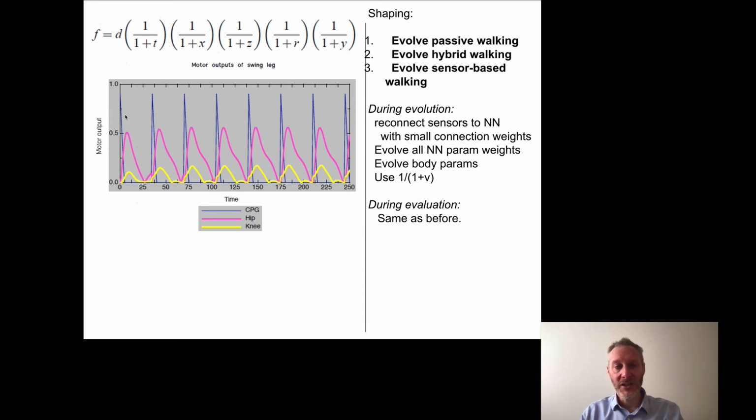And the CPG, if you'll notice carefully, is firing every, whatever that is, 30 time steps or so. So every 30 time steps, it's emitting a pulse, and we're looking at just one of the legs. So you'll notice there's a single hip motor and a single knee motor.